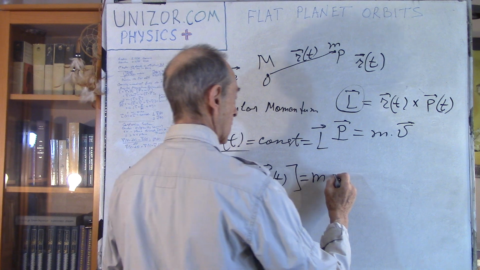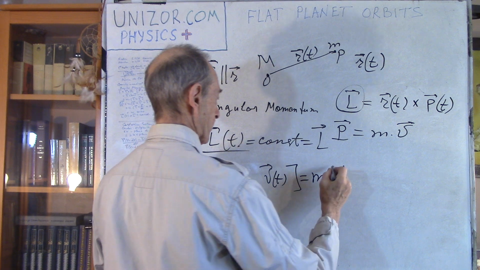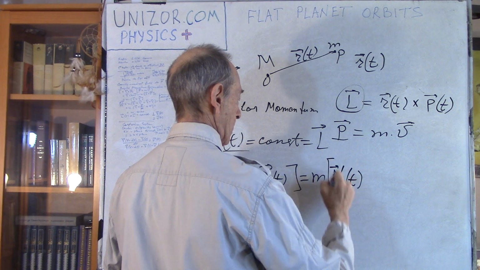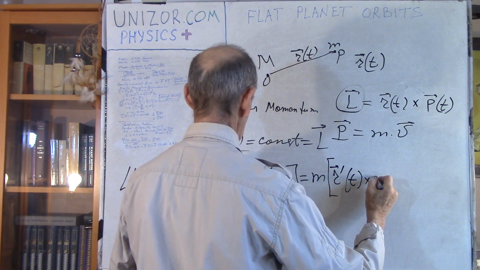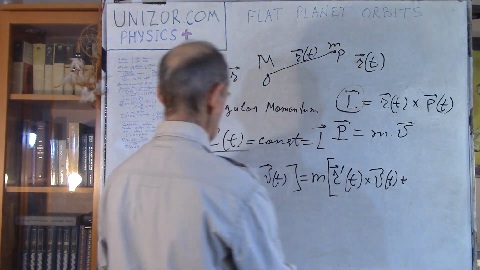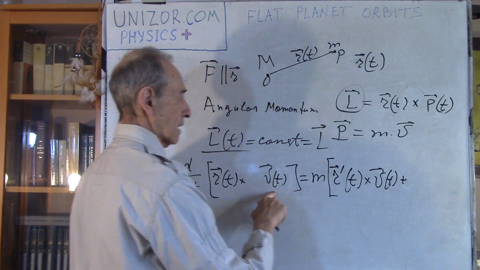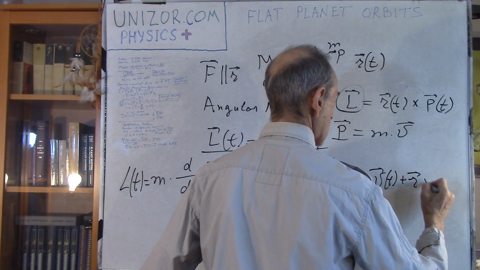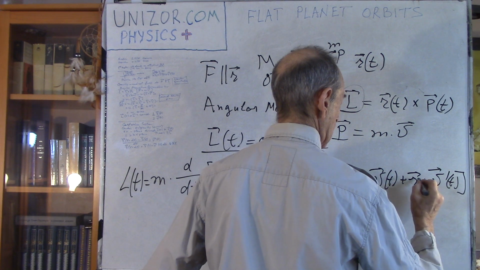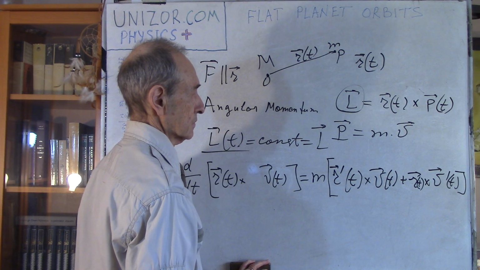So it would be r, I will use an apostrophe for differentiation, r' times v of t plus r times v'. That's what it is. Okay, great.